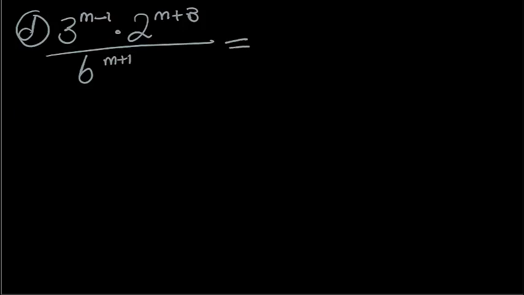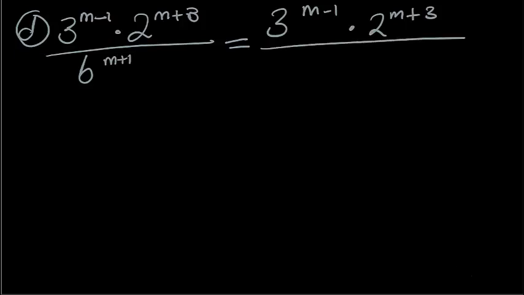So the numerator stays the same, and then the denominator is what we are going to change. So how do we do this? Remember, this whole number is to that power. So we're going to change it and say 2 times 3, and both of them are going to be to that power, m plus 1, m plus 1.